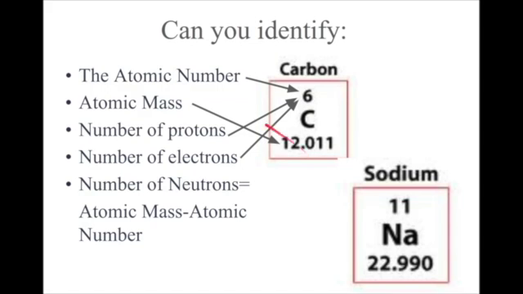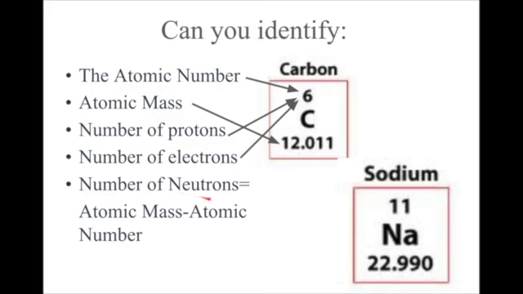So the atomic number is the small whole number, which the number of protons is also that small whole number, and so is the number of electrons. So for carbon, the atomic number is 6, the number of protons is 6, and the number of electrons is 6. Now this bigger number that has a decimal is called the atomic mass.